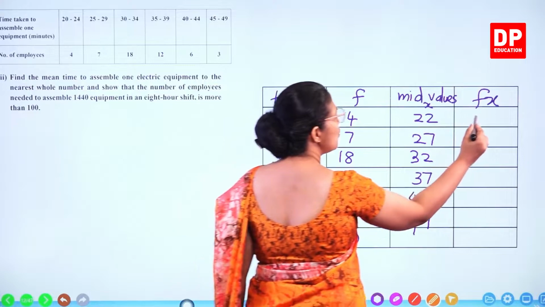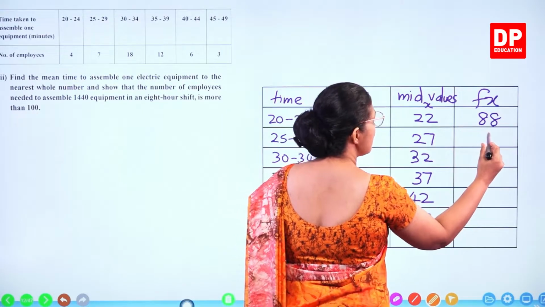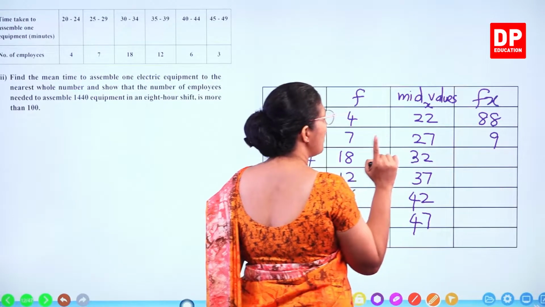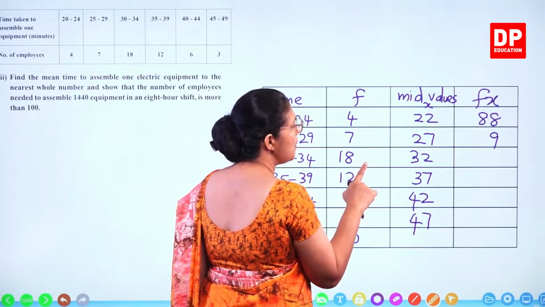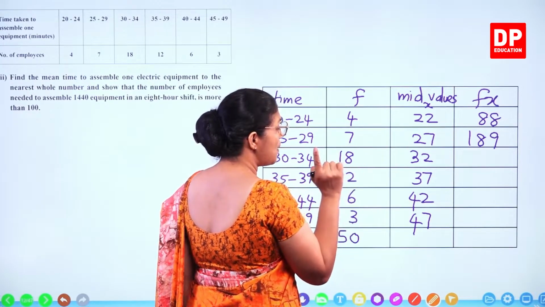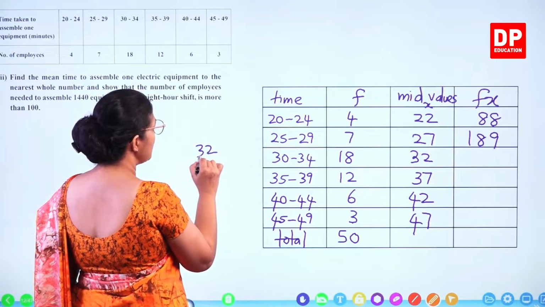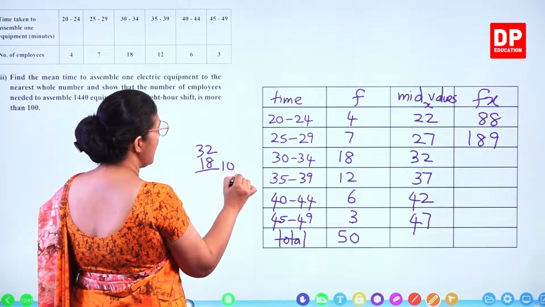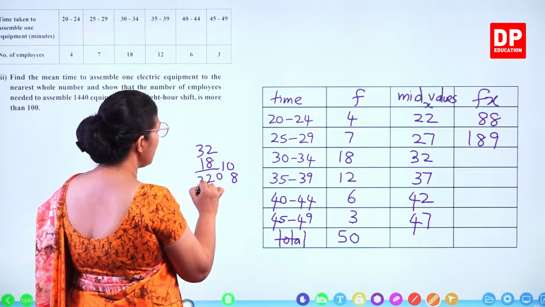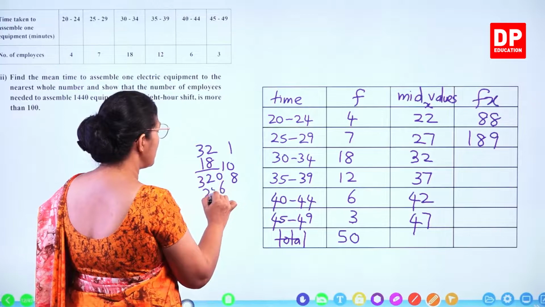4 times 22, you get 88. 7 times 27: 7 times 7, 49, 4 remaining. 7 times 2, 14 plus 4, 18. 18 times 32, you have to do long multiplication. 32 times 18: 8 times 2, 16. 8 times 3, 24 plus 1, 25.